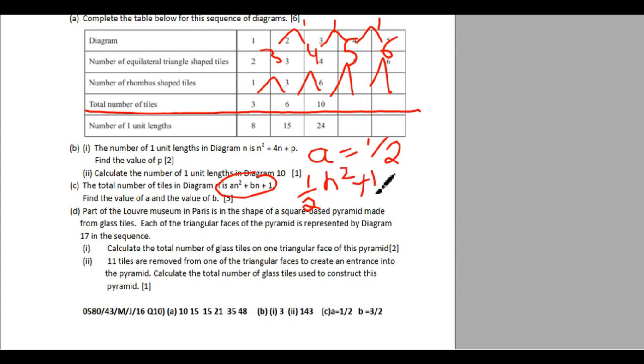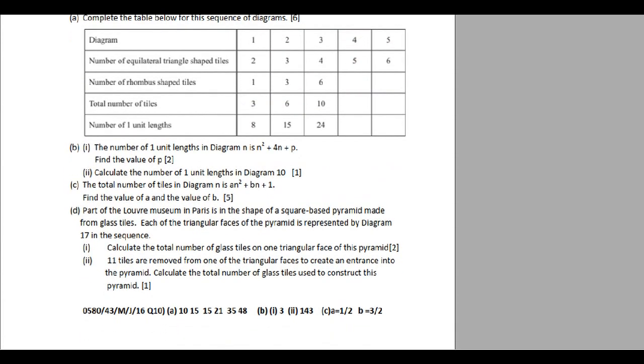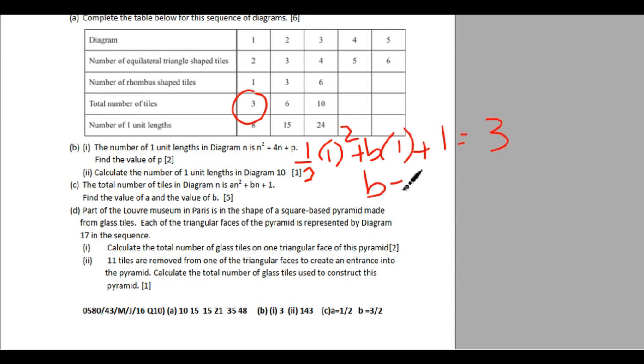Half n square plus bn plus 1, and when n equals 1, the answer should be 3. So half times 1 square plus b times 1 plus 1 should equal 3, and b equals 3 over 2.